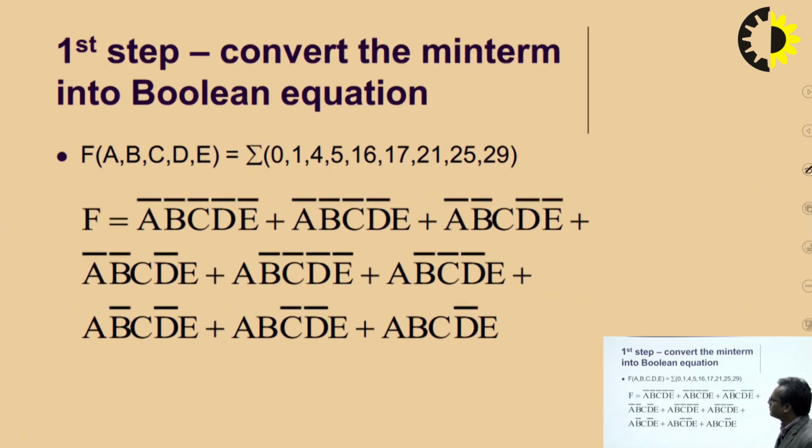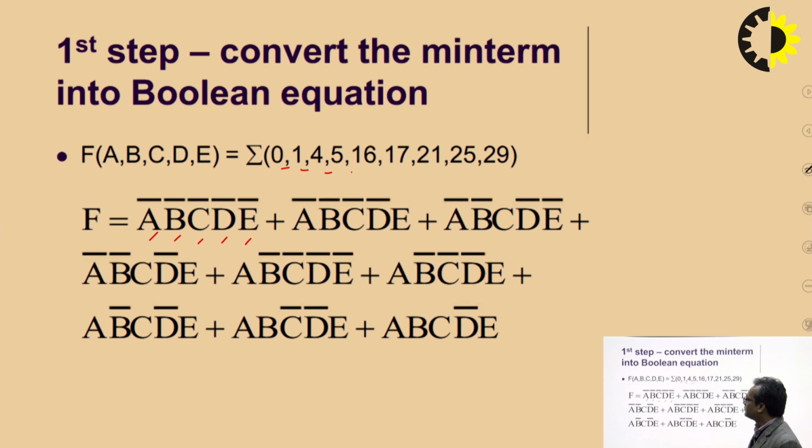For the other steps, this is how you can convert the variables given in your function into min terms. For 0 0 you can write all zeros, A0, B0, C0, D0, E0, and 0 is represented by the bar or complement way, right?